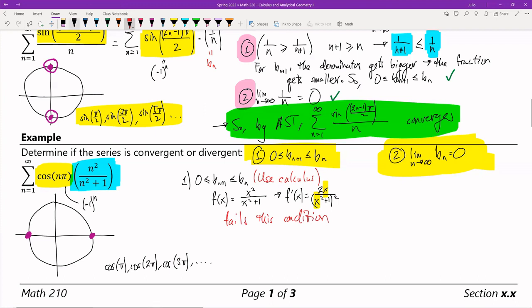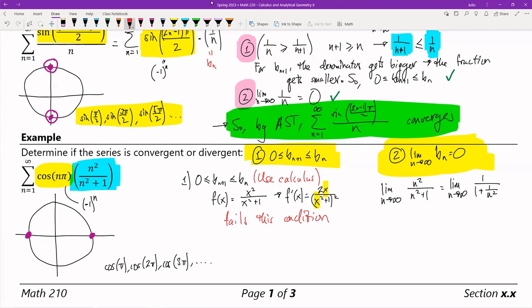So this condition has failed for the alternating series test. Okay. So for number 2 now, let's move on. Hopefully you guys see the other problem here. We need the limit as n goes to infinity of n squared over n squared plus 1. This is equivalent to the limit as n goes to infinity of 1 over 1 plus 1 over n squared.